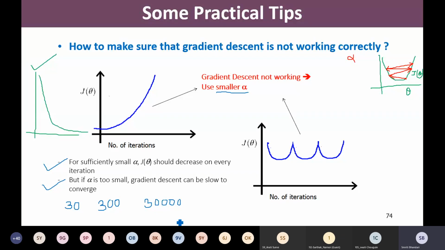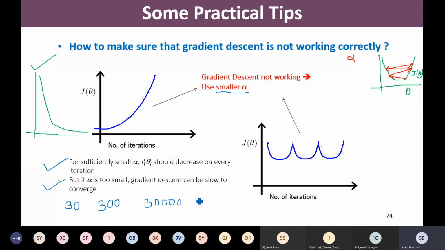No doubt my algorithm will converge, but it may converge after say 30 million iterations. It may happen. So if it is taking too many iterations, but I observe that after every iteration my g of theta is decreasing, then we can experiment by slightly increasing the value of alpha, and once again implement.